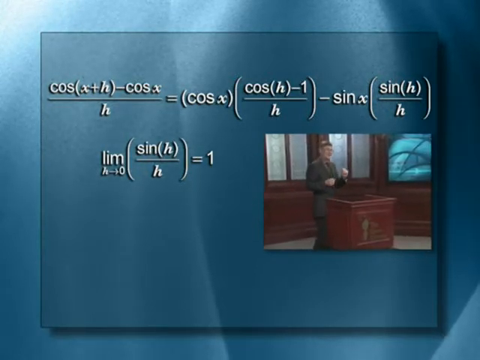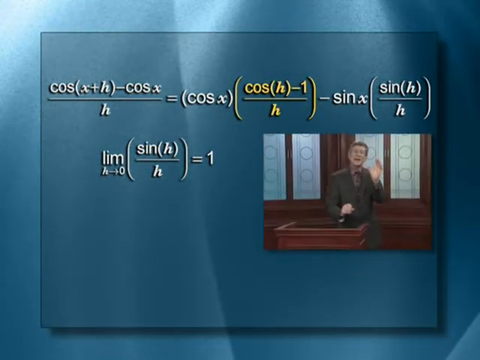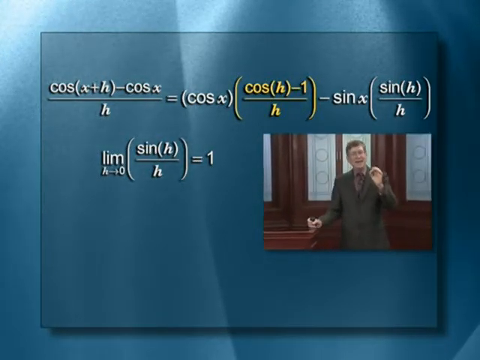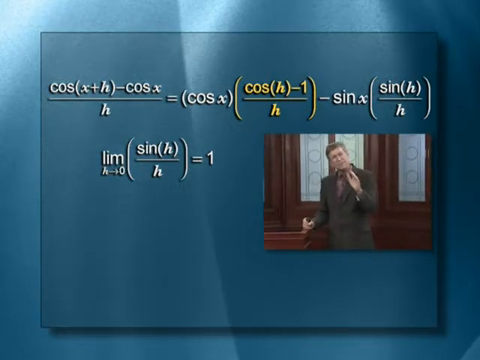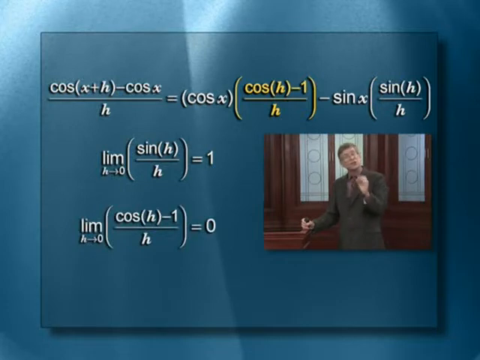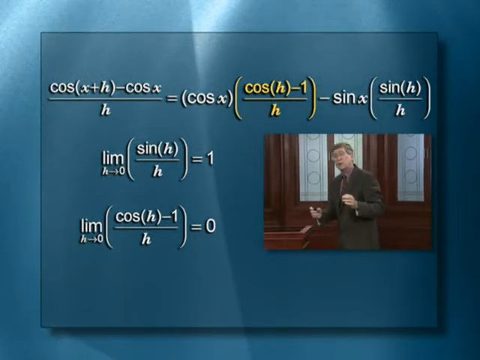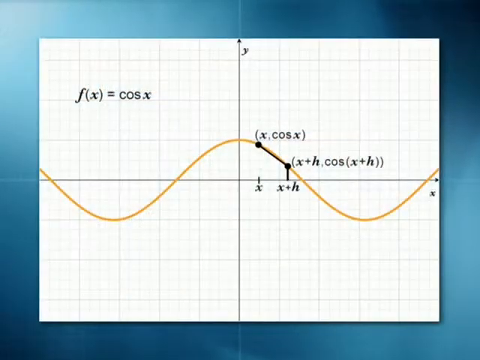Okay, good. Now, what about that other term in parentheses, the cosine h minus 1 divided by h? Well, in a similar fashion, you could graph it, and you would discover that it gets closer and closer to 0 as h gets close to 0. So let's go back to our picture. Imagine h very, very small. In other words, x and x plus h are almost next to each other.